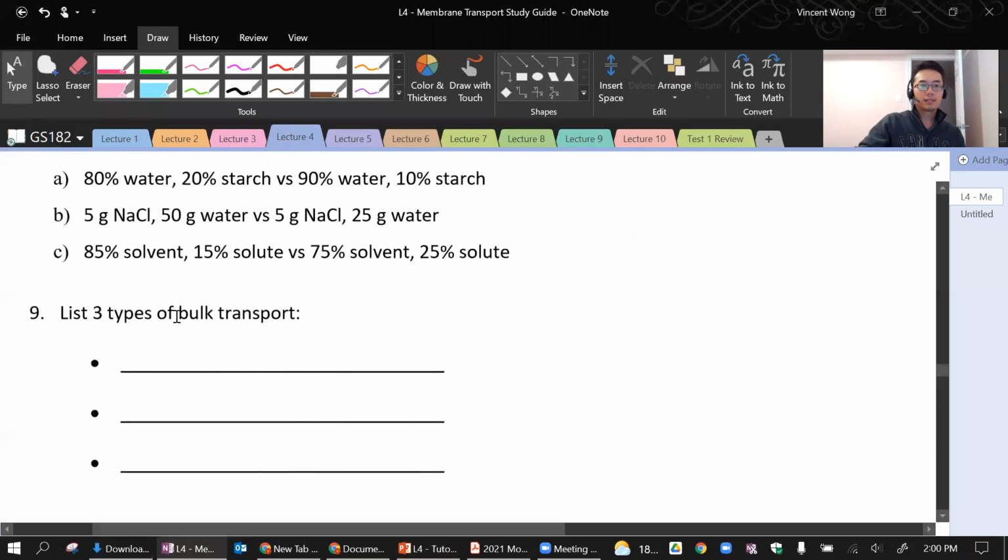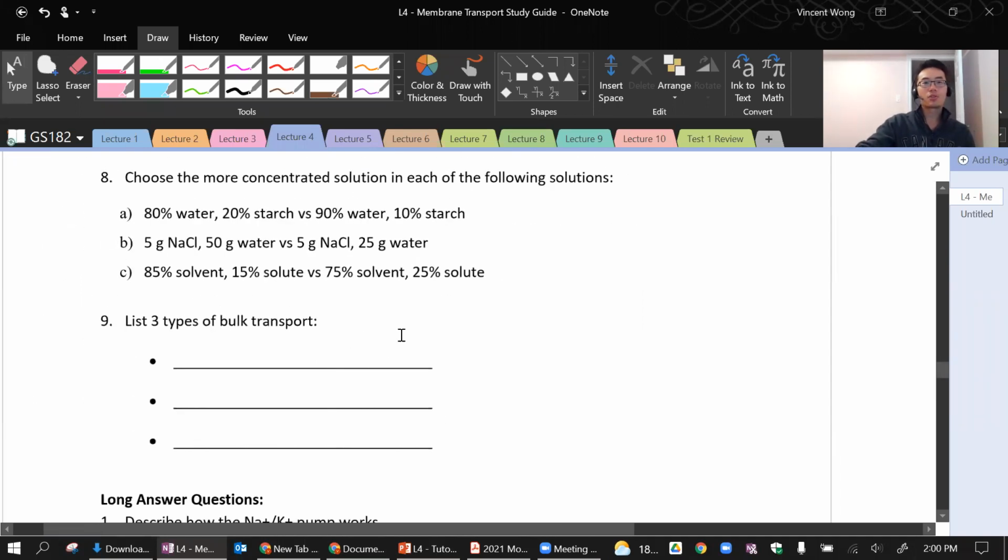Okay, let's finish this. Choose the more concentrated solution in each of the following. So we have 80% water, 20% starch versus 90% water, 10% starch. So the more starch you have, the more concentrated it's going to be, right? So that's the more concentrated one.